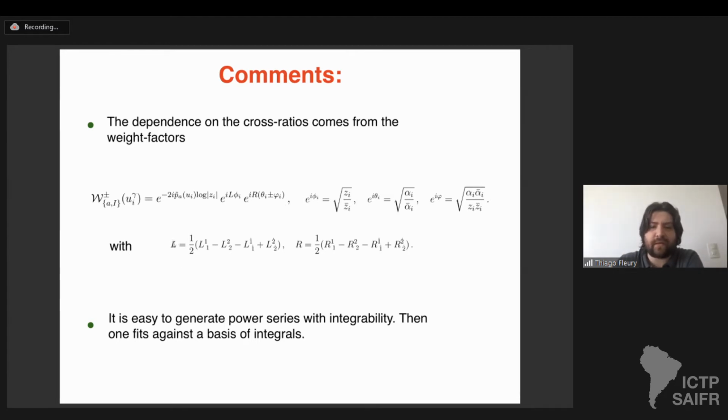And L here is some combination of Lorentz generators, and R is some combination of R-charge generators. Basically, the weight factors give you some charge of the state you are putting there. At the moment, it's very easy to generate power series with integrability. You can generate data at very high loop orders. And then at the moment you can fit the results to a basis of integrals, but this part of the calculation, as I mentioned in the conclusion, is a place that I think can be improved.